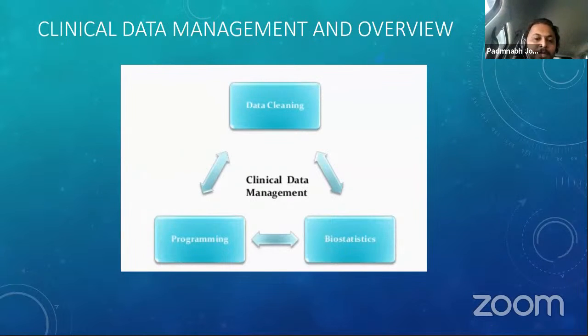This pictorial representation helps us understand what we have already spoken about. The data cleaning is governed by the data management team. There are biostatisticians who are end customers for us. But there's another critical group that helps us make sure of the validations I mentioned, and the accuracy or inaccuracy of data, how we have to define it and how we have to analyze this data.